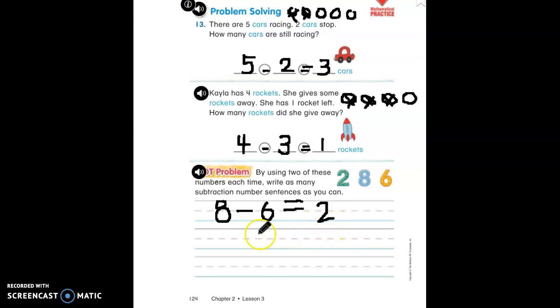Okay? Now, we can also write 6 take away 2. If we have 6, and you can do this on your fingers, 6, take 2 away, and you have 4.